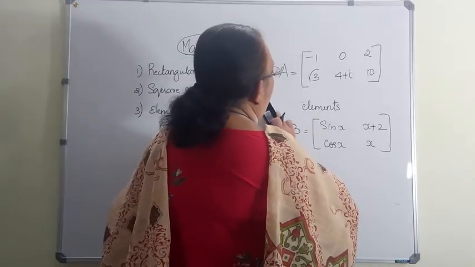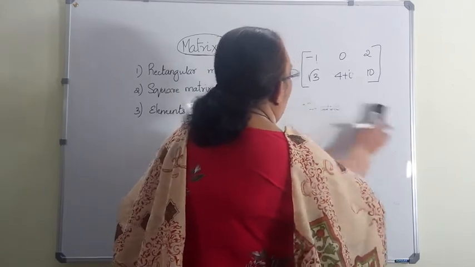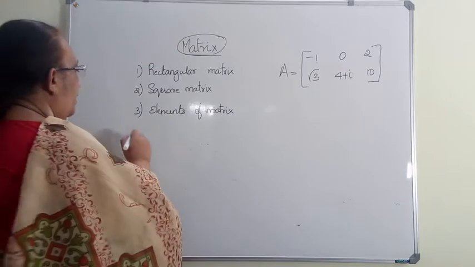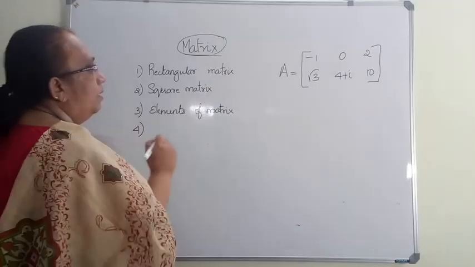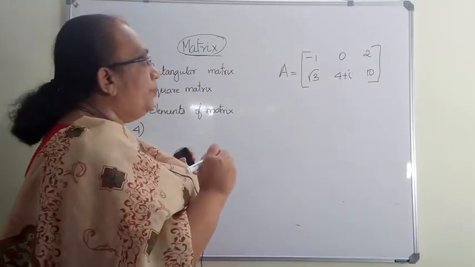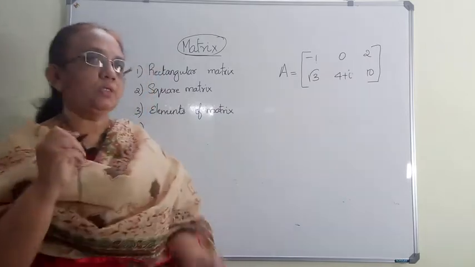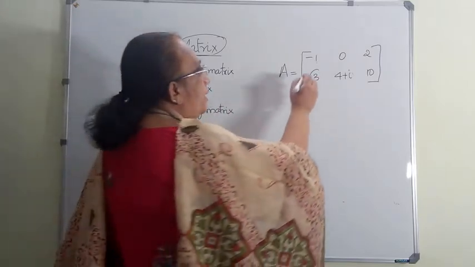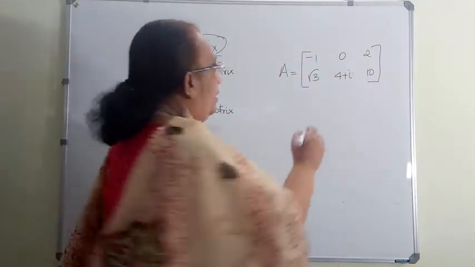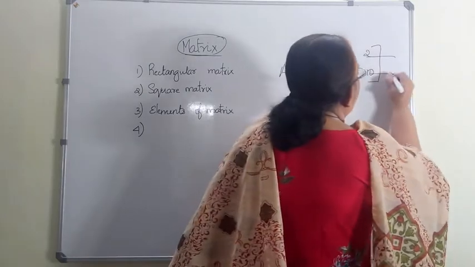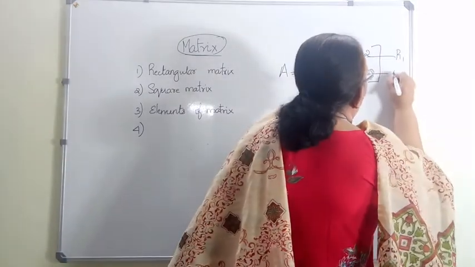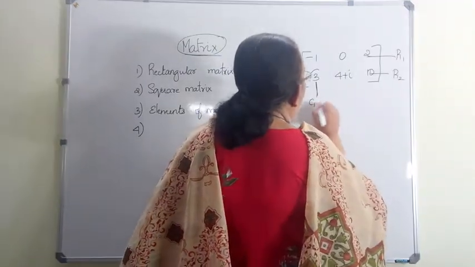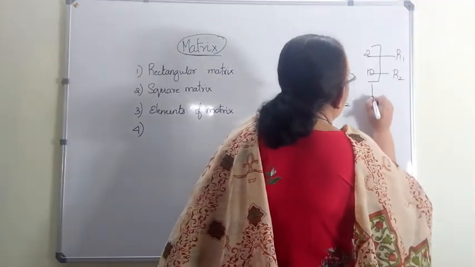Now, next we will study the positions of the elements in the matrix. Listen carefully. When you consider the number -1, here we have two rows, R1, R2, and three columns, C1, C2, C3.